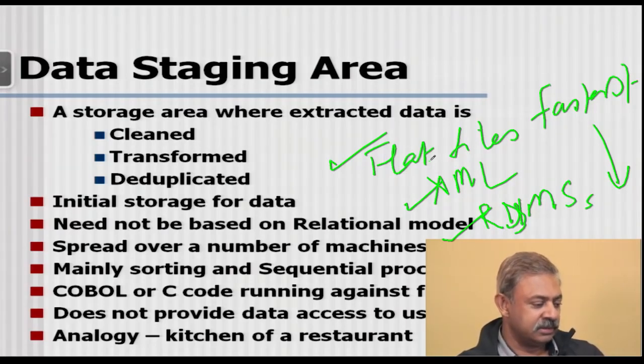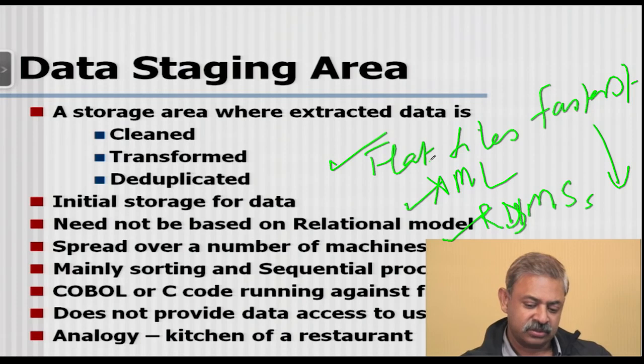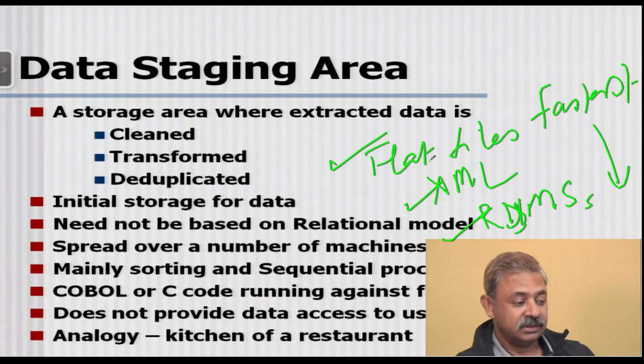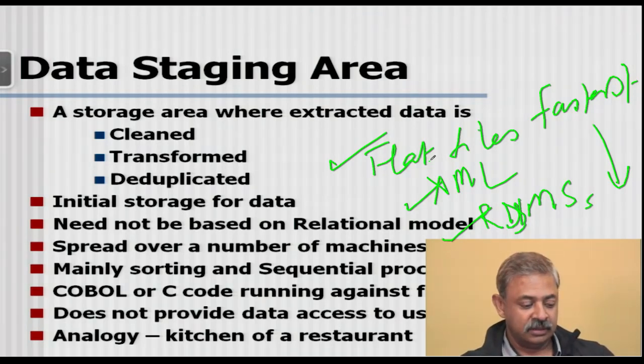Raw material is brought in, and it is processed, cooked, and you are not allowed to see all that. So the customer who is sitting in the restaurant is like the end user, and he has no access to the data while it is in the kitchen, or in the staging area. That is the analogy which explains this particular situation.